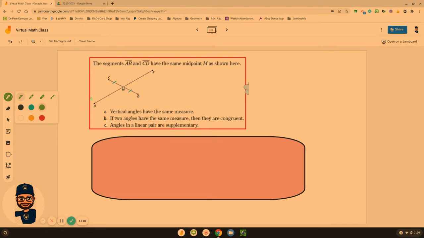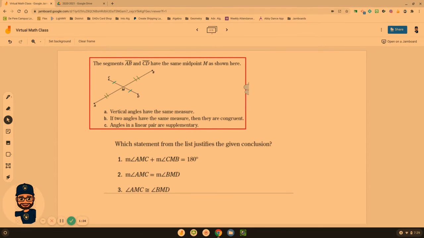And then this segment down here, A to M, is the same as M to B. Okay, so it's two lines that are intersecting. And then we've got some A, B's, and C's, which we're going to use right in this. Which statement from this list, from A, B, or C, allows us to state this is true?